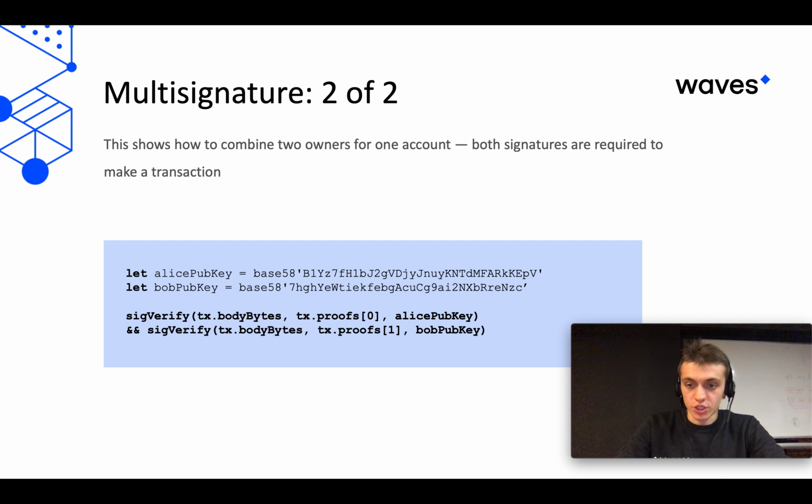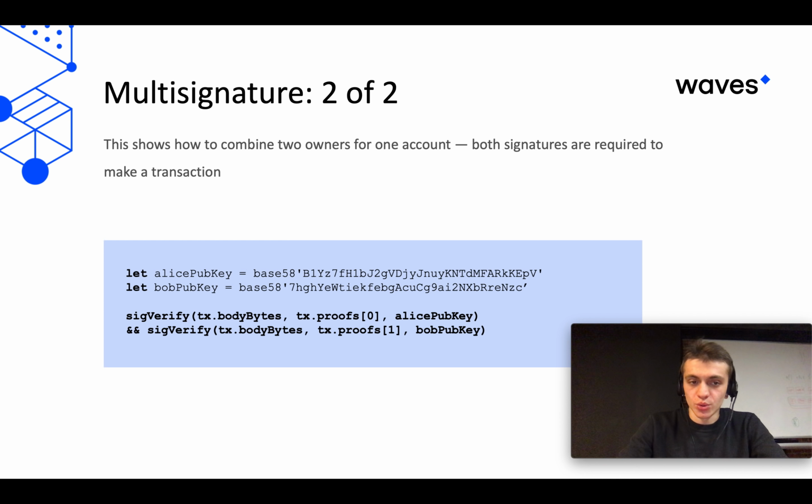What is a multi-signature and how will it work? For example, we have 2 users, Alice and Bob, and we have their public keys, not private keys. If we want to make a multi-signature 2 of 2, so both of them should sign every outgoing transaction from the account, we write these 3 lines of code.